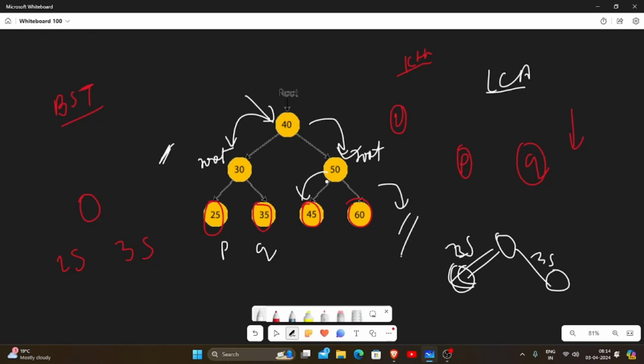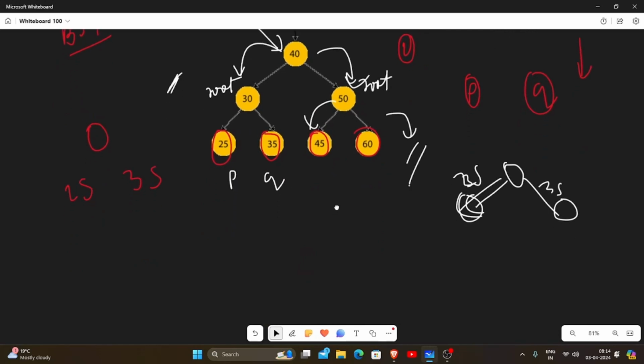But here one follows and one doesn't. For moving left or right, both should be smaller or both should be greater. So I'm at a point where neither property is applicable. That means 50 is the node on whose left subtree there would be P, and on whose right subtree there would be Q. It has to be that case.